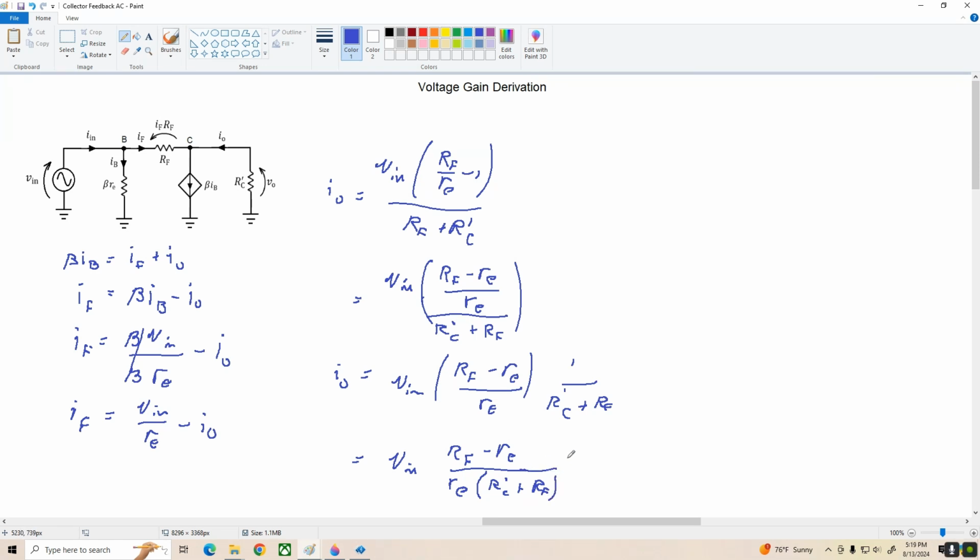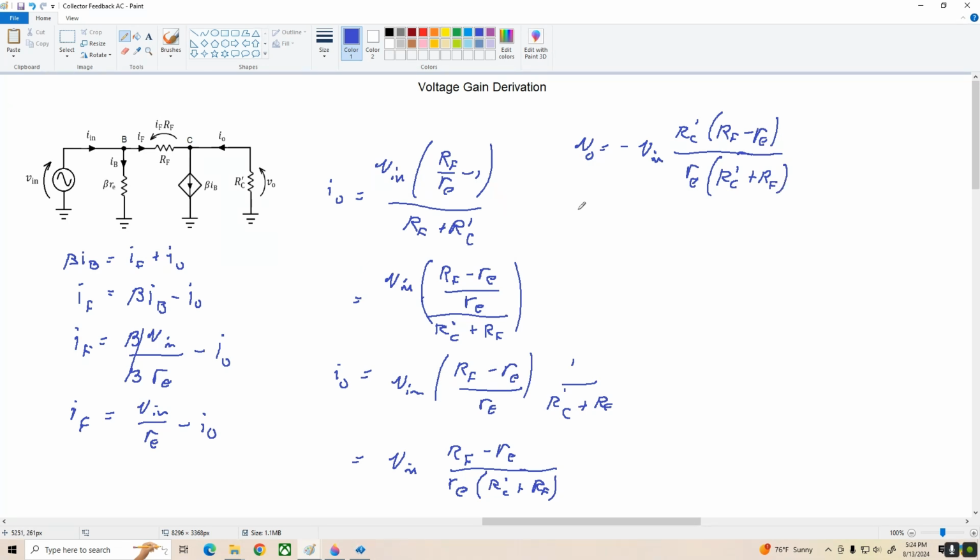Okay, now looking at the circuit, remember V out equals negative IO times R prime C. So we're going to end up with here V out equals negative V in times R prime C times RF minus little re divided by little re times R prime C plus RF.